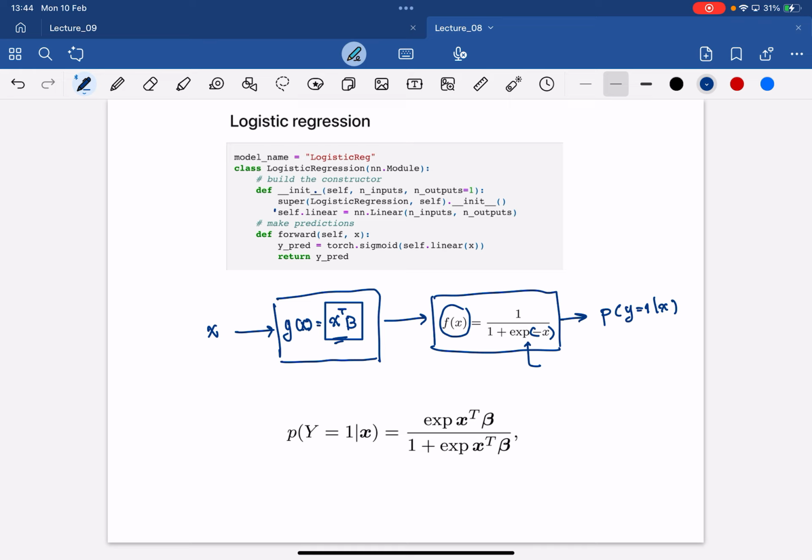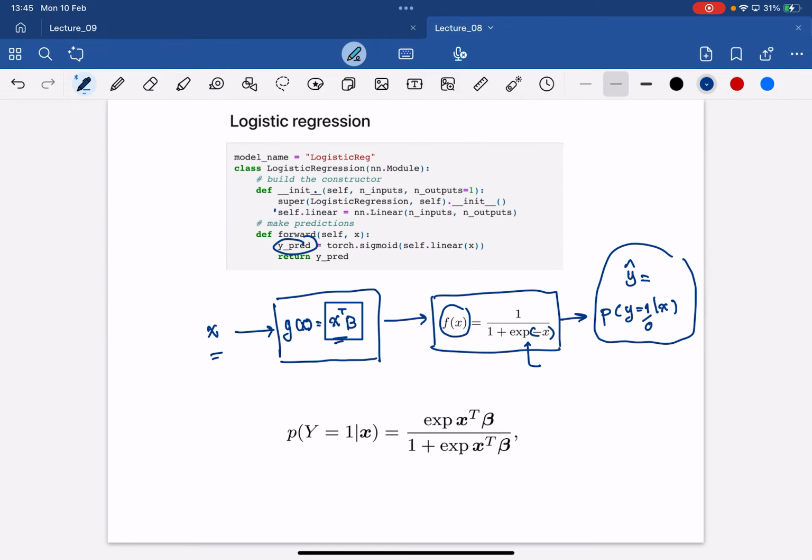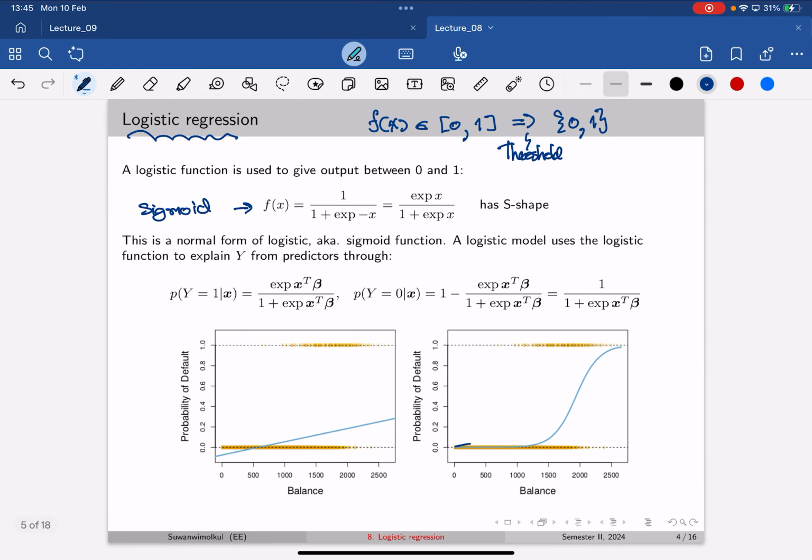If you see, that is how we compute y hat here, y predict. In fact, this y predict is equivalent to the probability of y equal to 1 or 0 given x. The reason I say that is, let us look at the function.